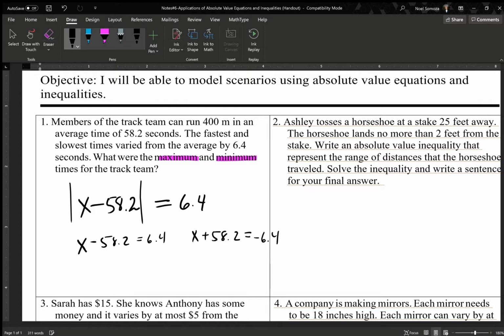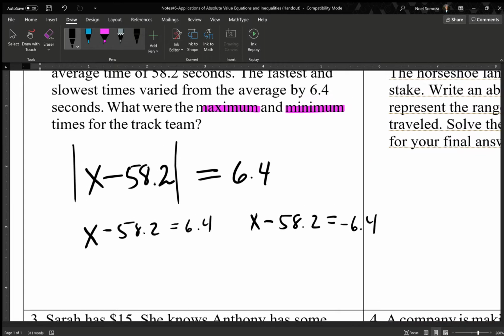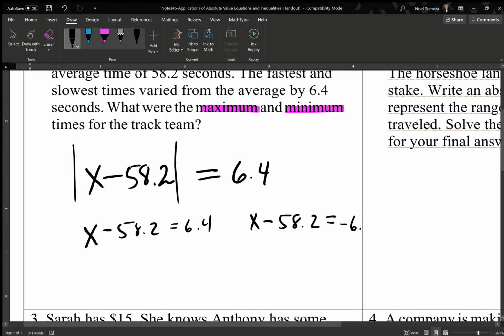So you have x minus 58.2. And then this is what we remember: if it equals 6.4, then you split it into two equations, one positive, one negative. And then from there, we will be able to find the maximum time, or basically the slowest person, and then the minimum. Let me zoom in a little bit. Let me make this fit in one box.